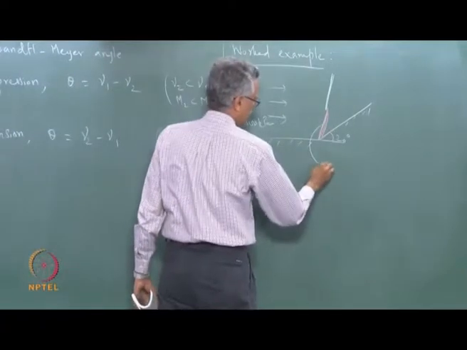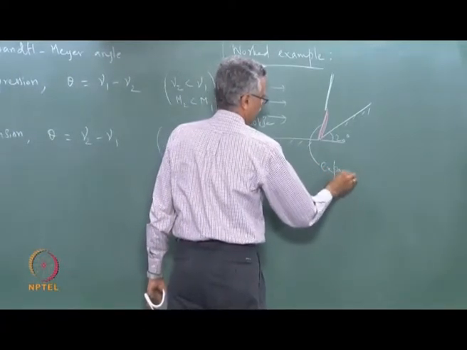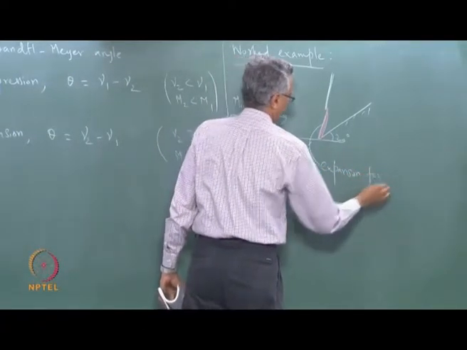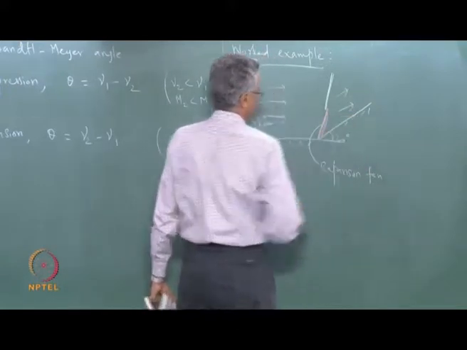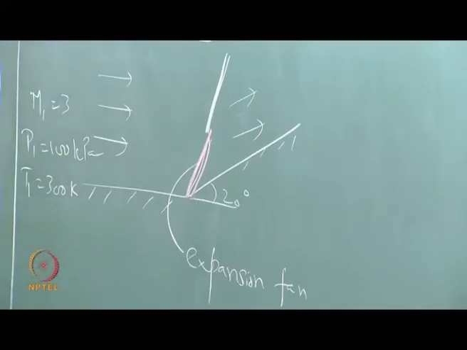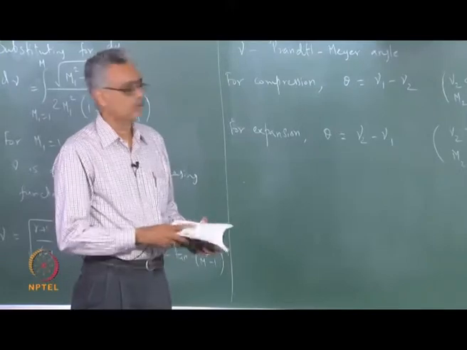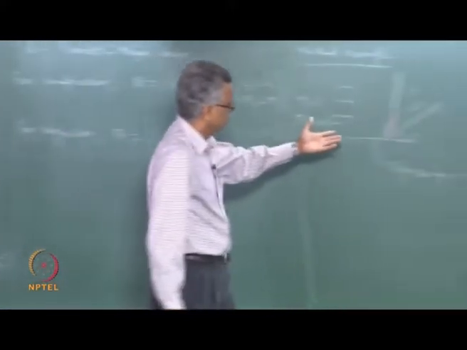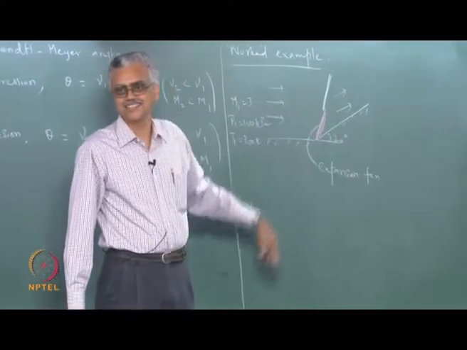Then the flow is deflected like this. We are going to look at what happens to the flow as it goes through the expansion fan. Expansion fan or compression fan? I'm sorry, an isentropic compression process.